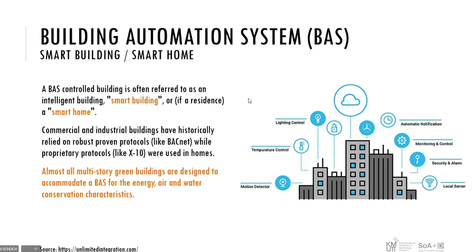So again, on one side, you have a very robust, independent computer protocol. One example is called BACnet, which is independent from conventional computer operating systems, has its own protocol, has its own coding in order to make it independent and also less vulnerable.